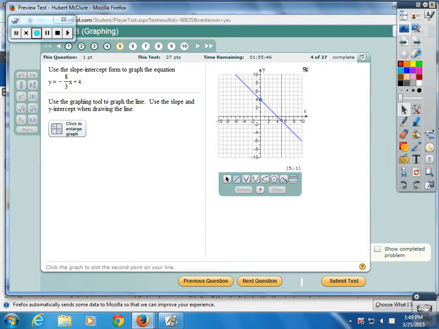Now, 8 vertical. So 1, 2, 3, 4, 5, 6, 7, 8. And positive what? 1, 2, 3. Is that right? Positive 3. I'm looking to make sure. Yeah. There it is.